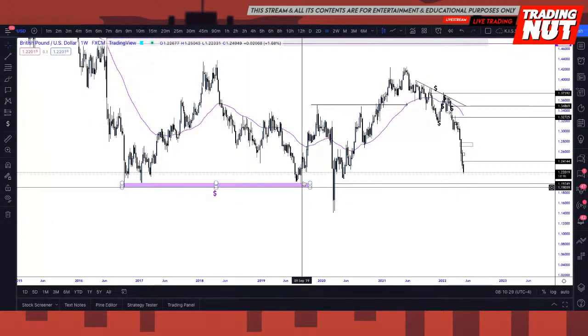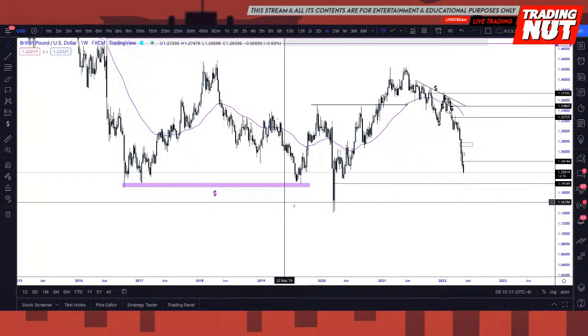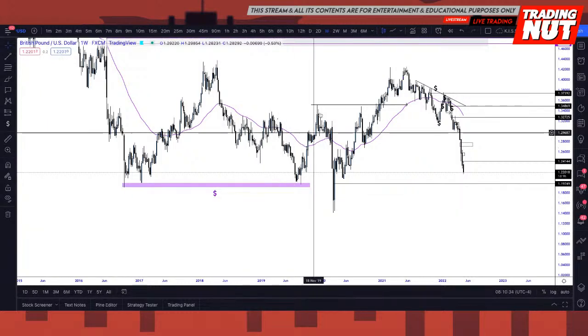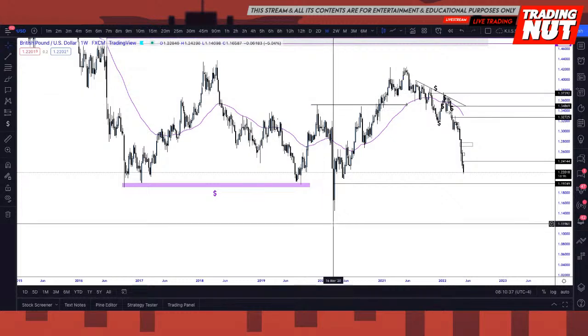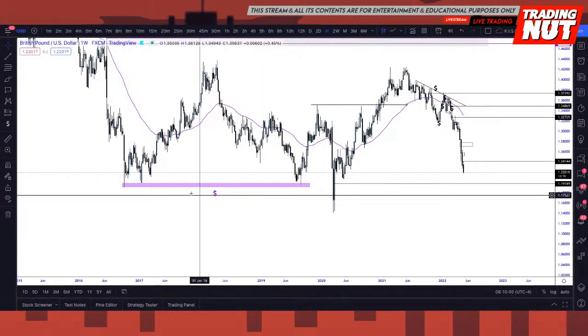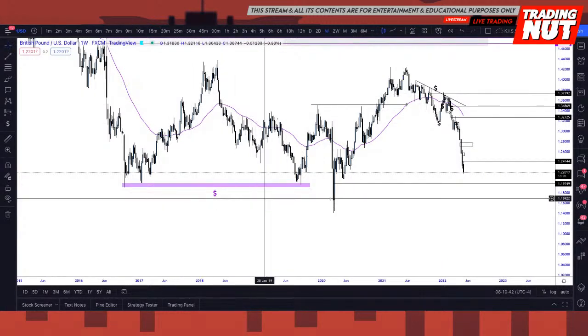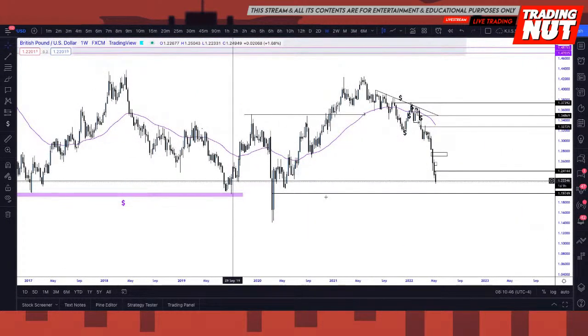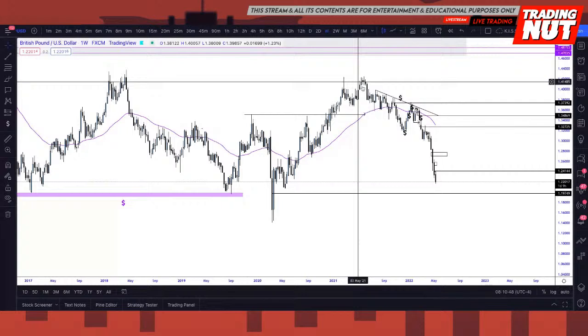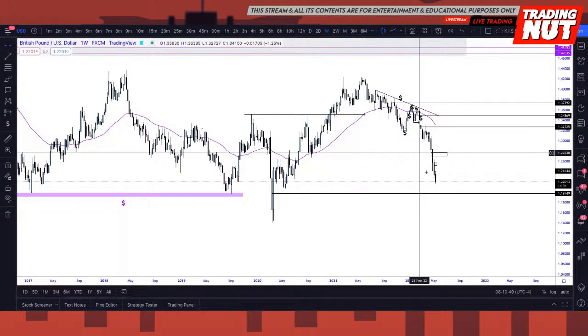Okay, we got sell stops and we got stop losses below these lows. So obviously we had the manipulation, the sell to buy running through the pool of liquidity, and then the break of structure subsequent. All right, so now we are trading back down into weekly discount, which is great.